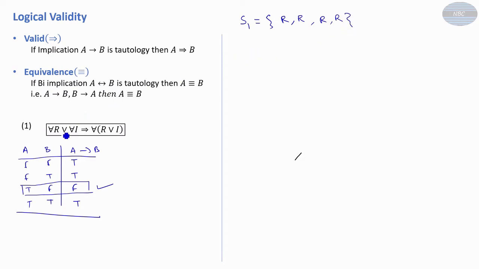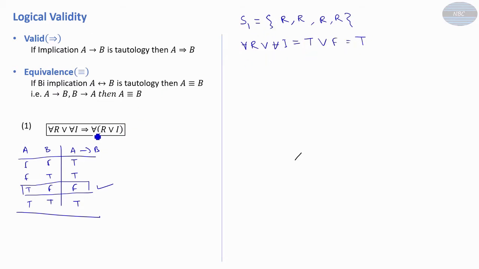Now let us find the truth value of the left hand side. For all R, is all persons are rich? Yes, true. Is all persons are intelligent? No, it's false. So the truth value of the left hand side is true.